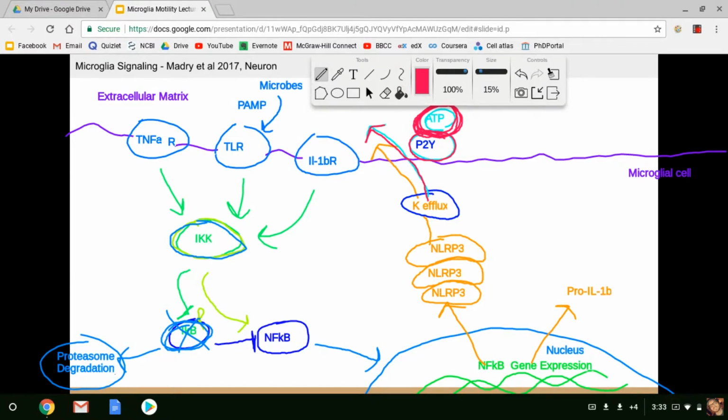And this loss of potassium activates the oligomerization of NLRP1 or 3. Other things to activate the oligomerization of NLRP3 includes calcium, very importantly, and reactive oxygen species. So calcium flux and reactive oxygen species both activate the oligomerization of NLRP3.